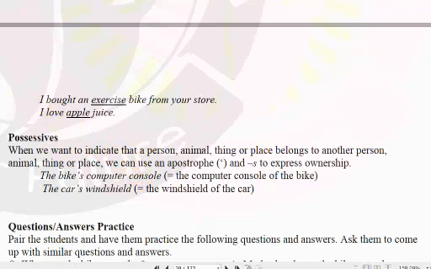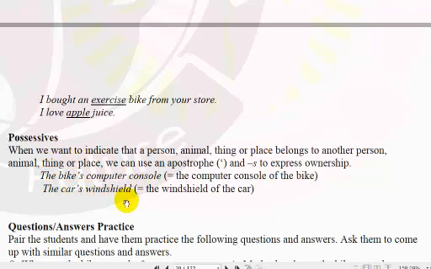Nouns can also be possessive, showing possession by adding apostrophe s. The bike's computer console: the computer console belongs to the bike.